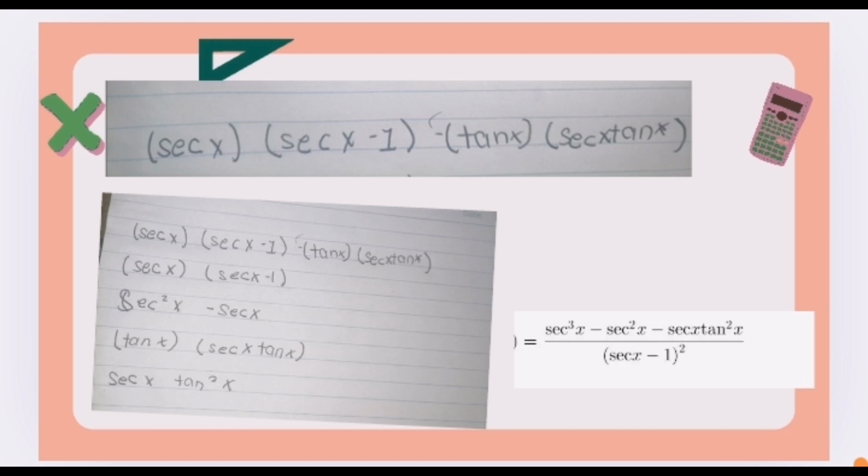So that's how we expanded the numerator. The steps we should follow are, first, apply the quotient rule, and second, expand the terms in the numerator.